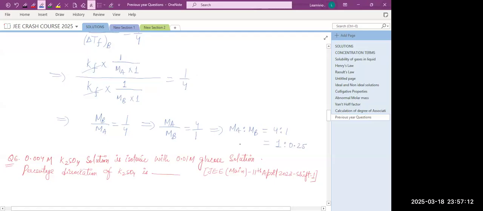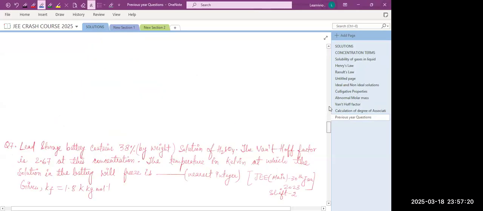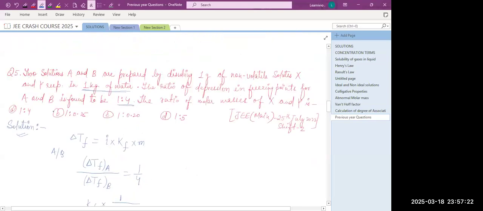This is the ratio of molecular mass of A and B. So which option is correct? Option B is the correct option, 1 to 0.25. Got it?